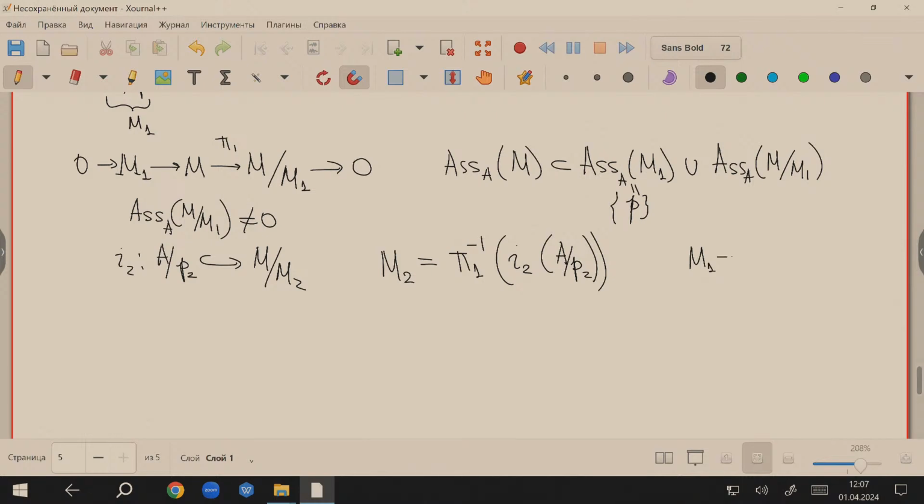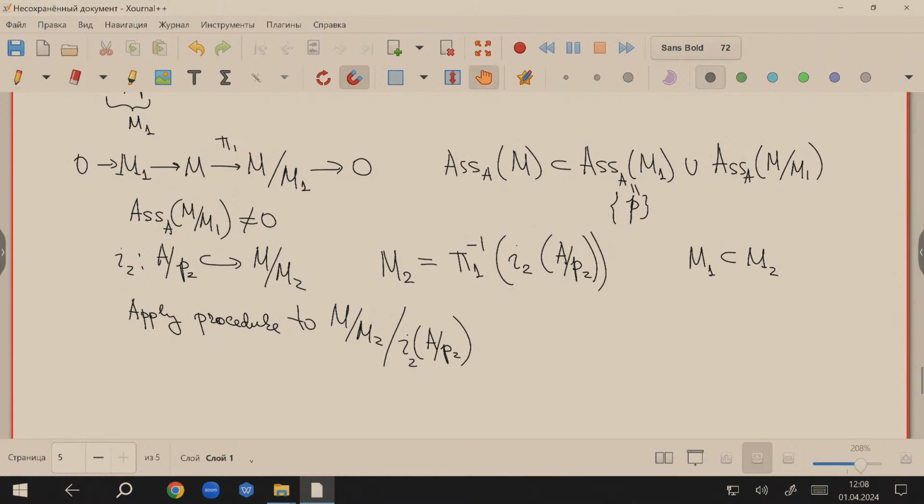So we can apply this procedure to M modulo M2, modulo the image of I2 of A mod P2.